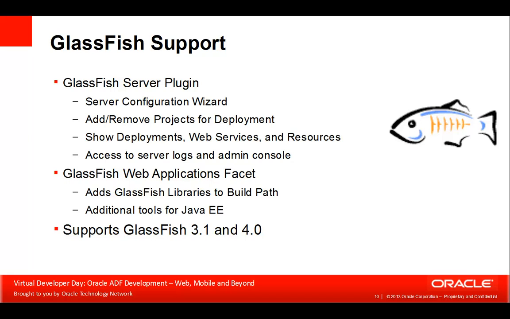So if we decide that our targeted server is going to be GlassFish, we can just add the GlassFish facet into our development environment, and it sets all that up for us ahead of time. It shortcuts the development curve for getting set up to do development against GlassFish. And again, it supports GlassFish 3.1 and 4.0. It's a very beneficial element available to us through OEPE.